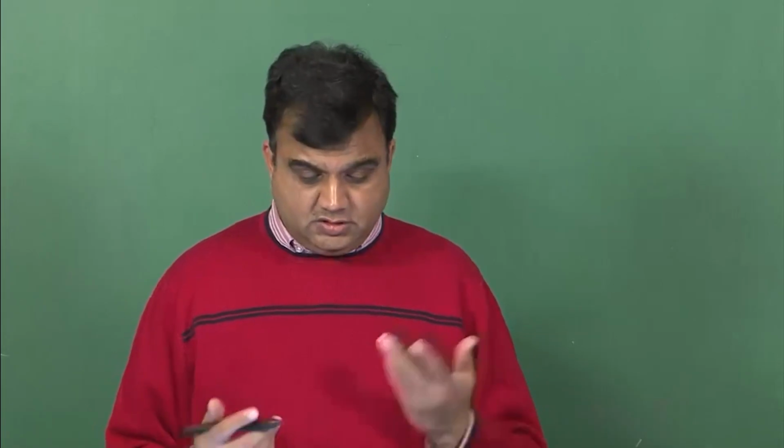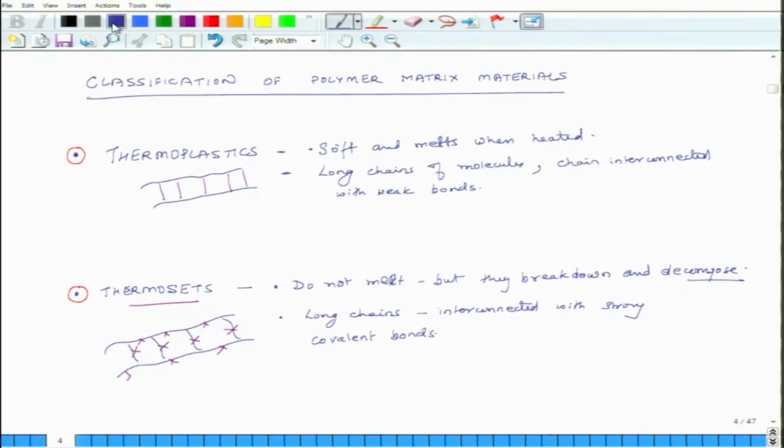So once you heat it up and cross a certain threshold, these thermosets do not get back to the original configuration. Once you heat it, especially the bonds between the chains break down and they cannot be recovered. So let's look at some of the examples of thermoplastics.